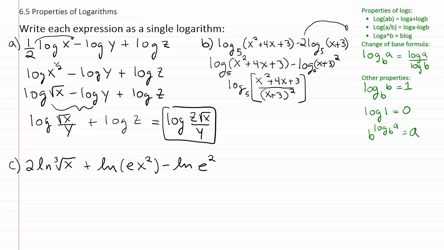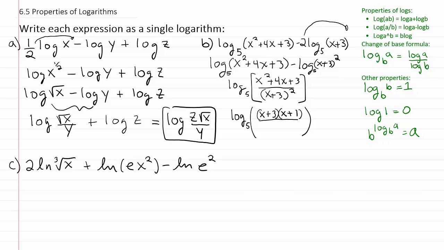So what I mean by that is we could probably factor that expression a little bit. So let's factor the numerator here. x squared plus 4x plus 3. Well, if I factor that, we're looking for factors of 3 that add to 4, right? Factors of 3 that add to 4. Well, that would be 3 and 1. So it should be x plus 3 and x plus 1.